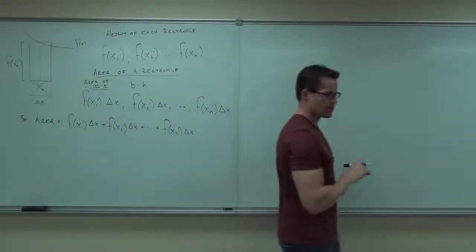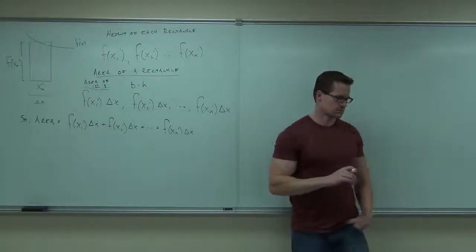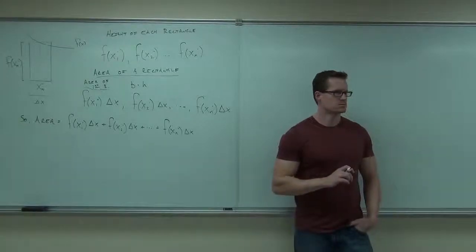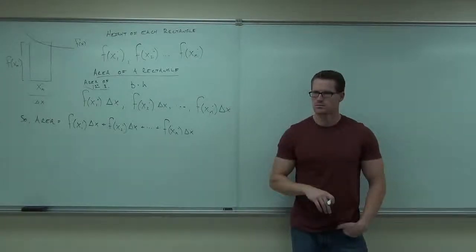We add the first one through the last one. Yes, no? Okay, cool. Well, is there a better way to represent this thing using our sum? How would we use our sum?